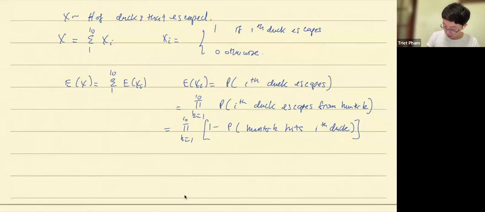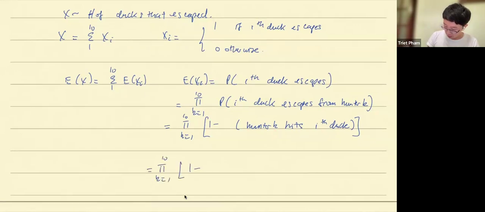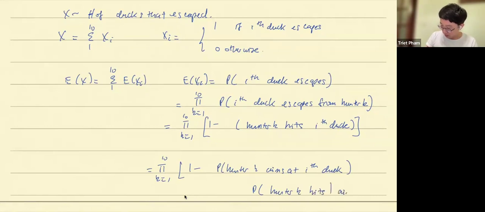Agree? So if you want to analyze the action, hunter K chooses, or aims at, the ith duck, and then the probability that hunter K hits. I guess you can condition on aiming at the ith duck, but that's sort of implied. And this is multiplied.